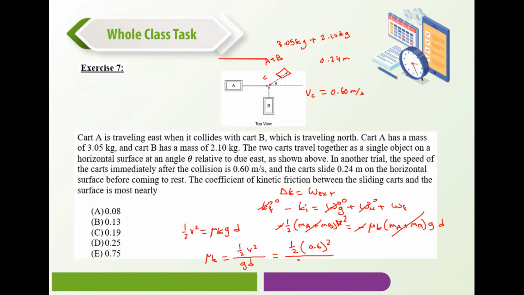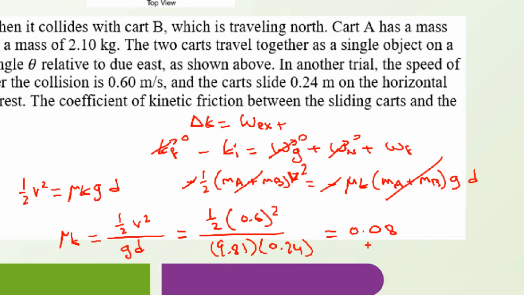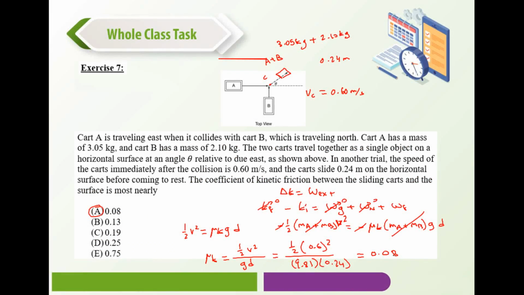Now g, let's assume it's 9.81, and the value of d is given by 0.24. Now plugging that on the calculator, we're going to have a value of 0.08, which makes A the correct answer. It's almost close to 0.08. I think it's 0.07 something.